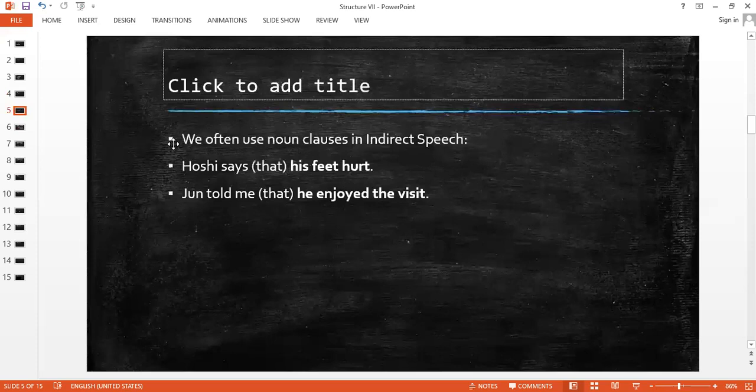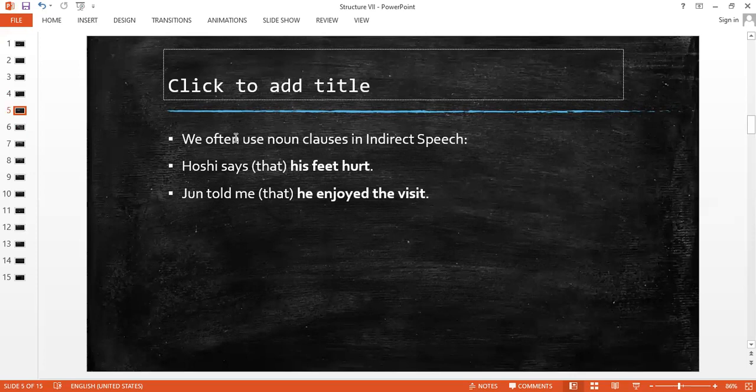And then here we often use noun clauses in indirect speech. When you want to report something, or when you want to report other people's condition, or something happening around you, of course, you will use indirect speech. For example, Hoshi says his feet hurt.